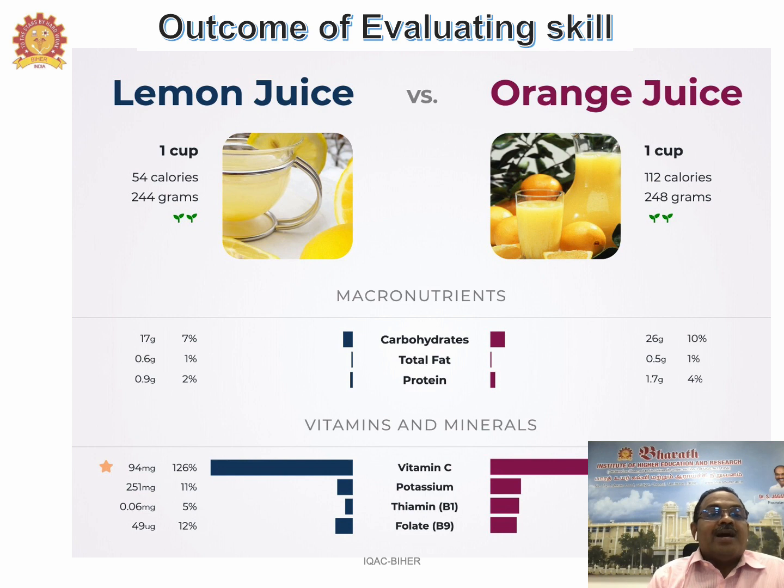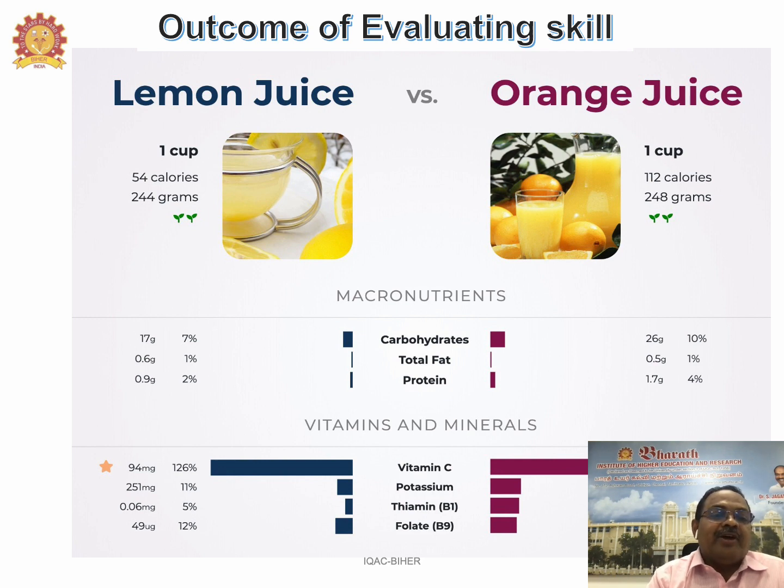And the next one is the outcome for the evaluating skills. How is it evaluated? Once we find the characteristics of the lemon, then in a particular lemon, what components are available apart from vitamin C? So many minerals and so many vitamins are available. So these things are classified.